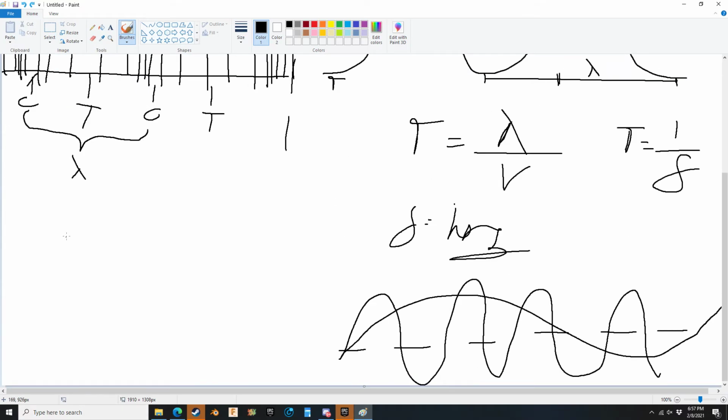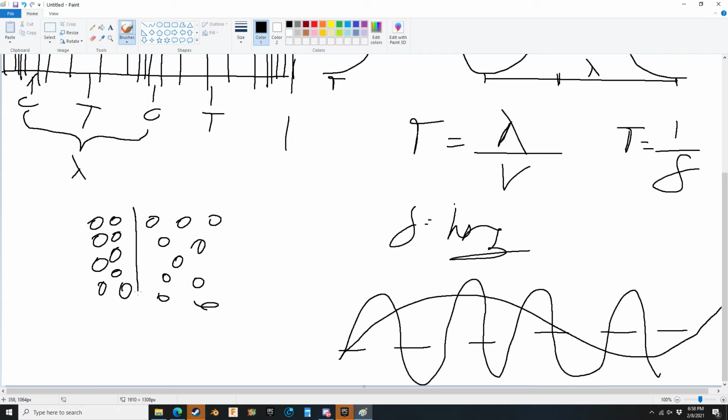If we zoomed into this, you'd have your compression zone, right? These don't have to be in a grid, but I just ended up drawing them similar to a grid. So this would be your crest, and then they get spaced out, and this would be your trough, right?